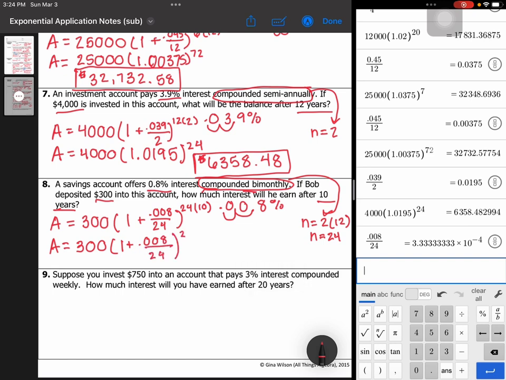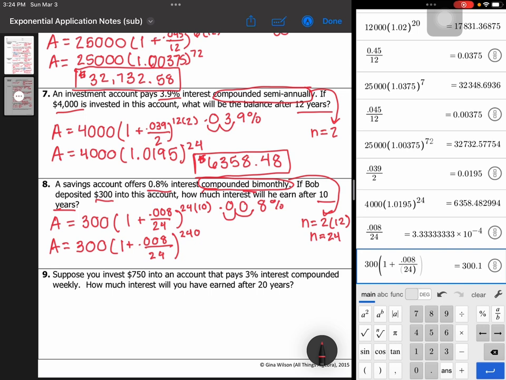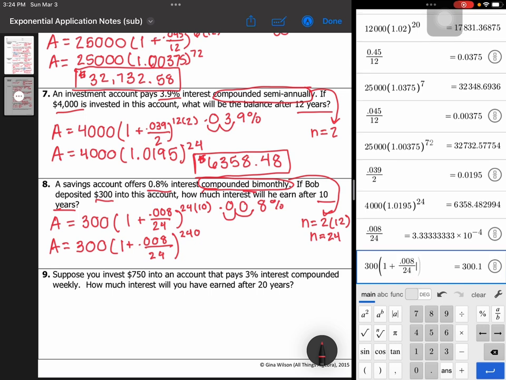But we know our exponent's going to be 240. So I can still type this in. So 300 times 1 plus, and then make that into a fraction, 0.008 over 24. Put the parentheses on the outside, raise the whole thing to the 240 power.